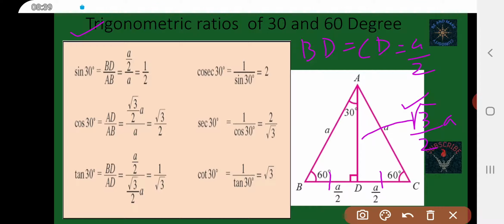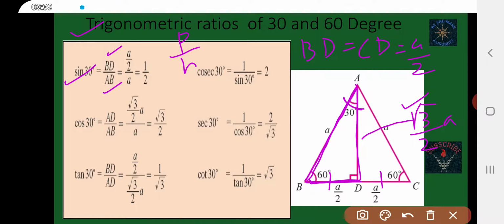Now you take this right angle triangle ABD. So sin 30 degree, this angle. Sin theta is P by H. Here P is your BD and H is AB. So BD by AB.